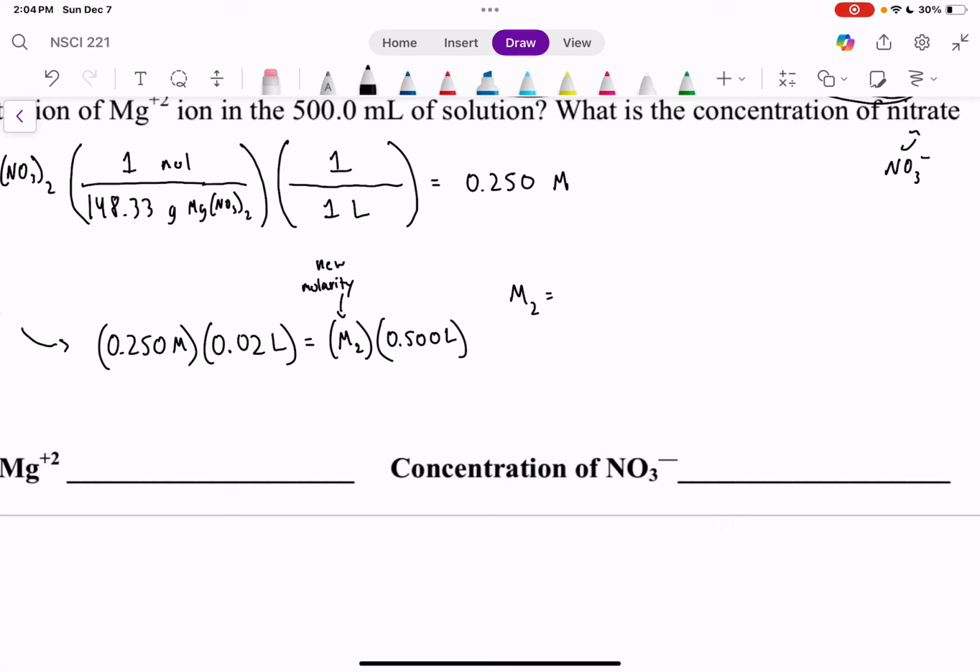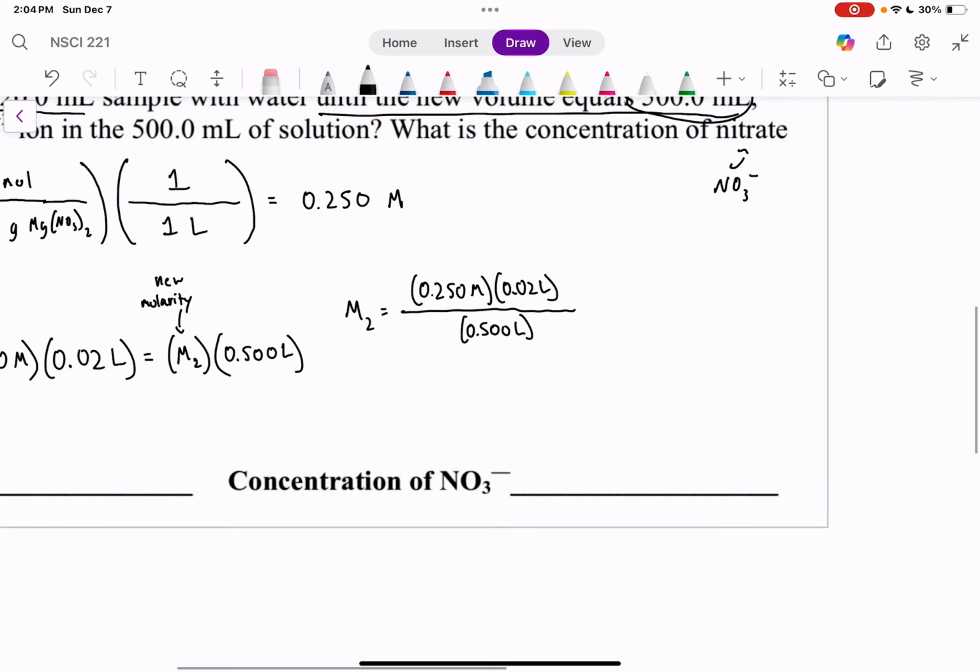So M2 would equal 0.250 times 0.02 liters, divided by 0.500 liters. And always remember to write down your units because it helps you not get confused.